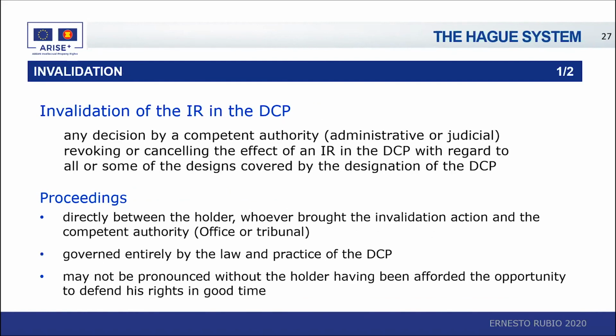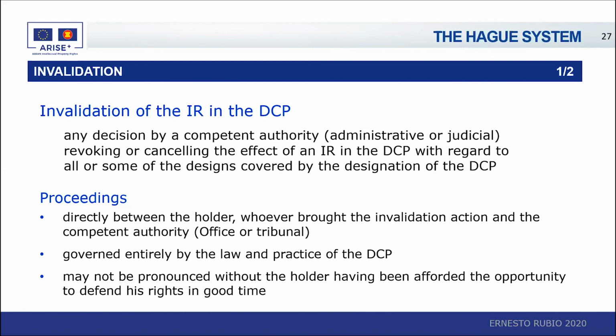Finally, regarding invalidation, an international registration will be subject to the same provisions and the same procedures for invalidation or revocation or cancellation as may be envisaged in your law with respect to a national registration. Simply that the holder of the international registration should in any case be afforded the opportunity to defend its rights in good time.